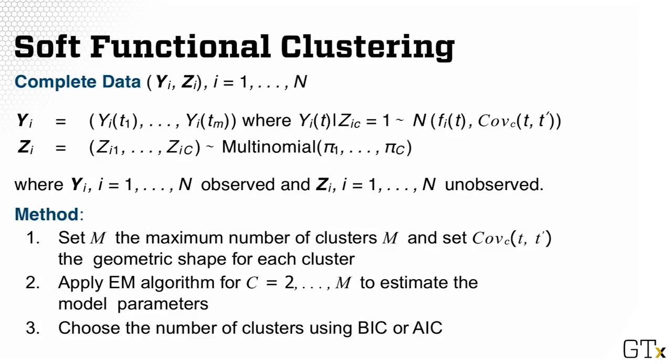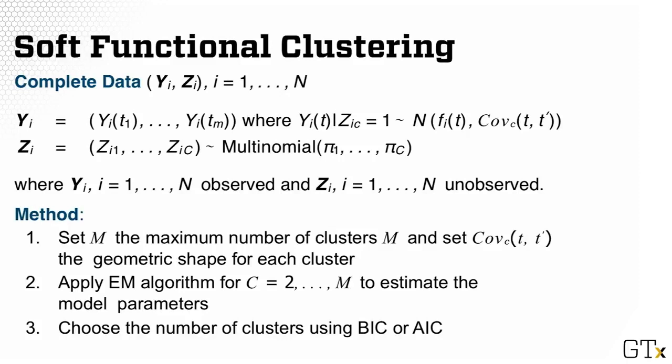The only observable data are the random functions y_i, with i from 1 to n. In this framework, the clustering is assumed to follow a multinomial distribution, saying that z_i takes label c with probability pi_c, where the labels are the clusters.